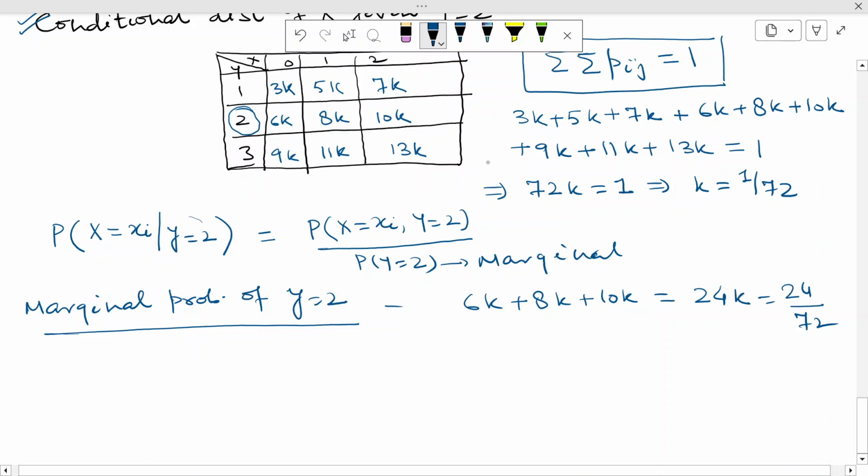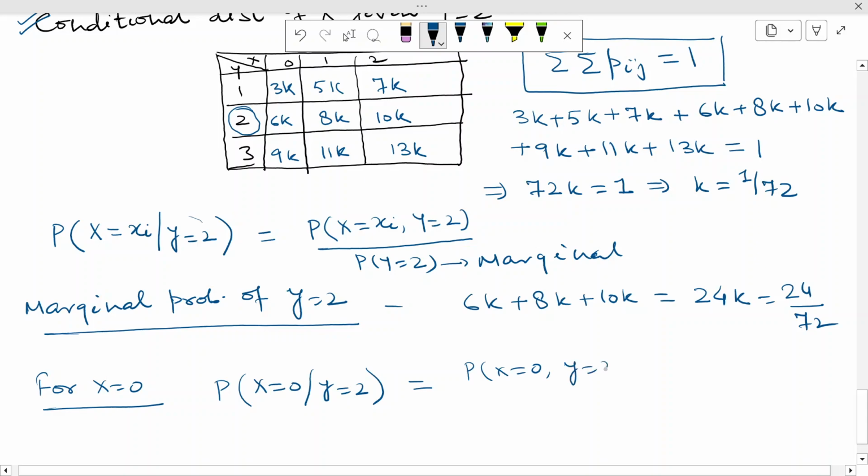We know that x is taking three values, 0, 1 and 2. So the conditional probability for the first value, x equals 0, given y equals 2, is the probability of x equals 0, y equals 2, divided by the marginal probability of y equals 2.